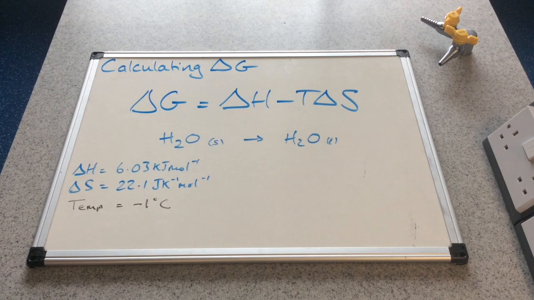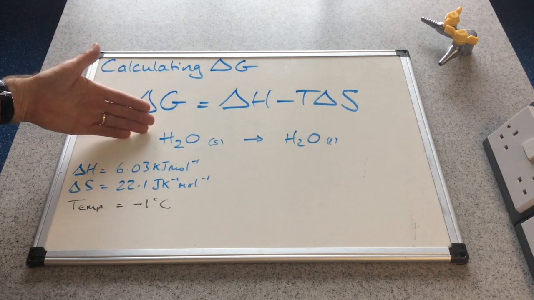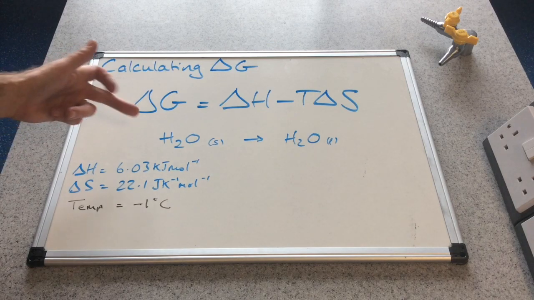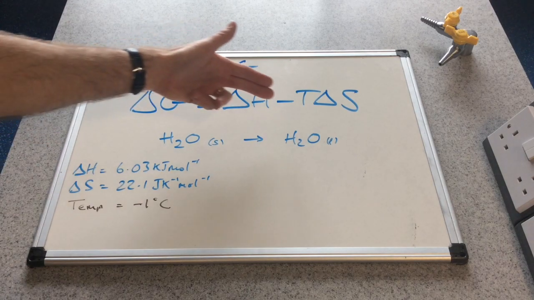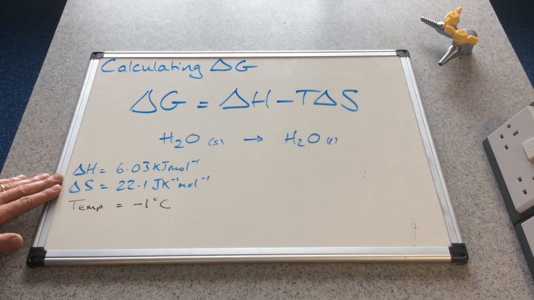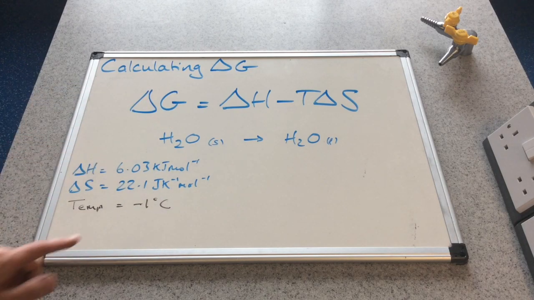So we've finally got round to the ice to water question now. You can see there's the equation for the melting of ice, and I'm telling you that the delta H for the process is 6.03 kilojoules per mole, and the entropy change is 22.1 joules per Kelvin per mole.